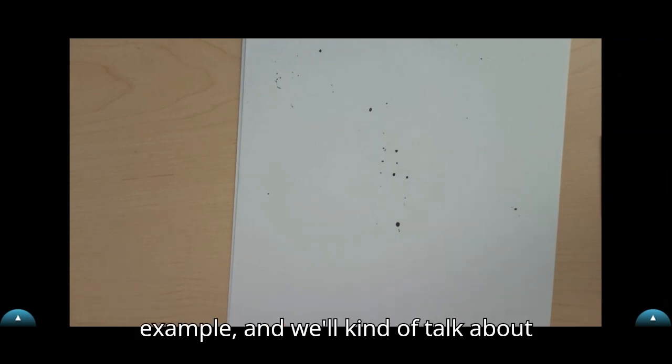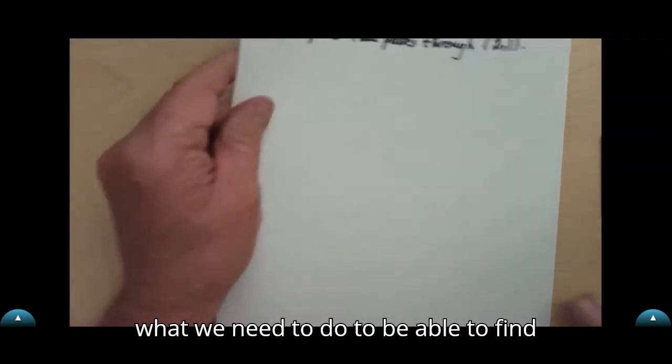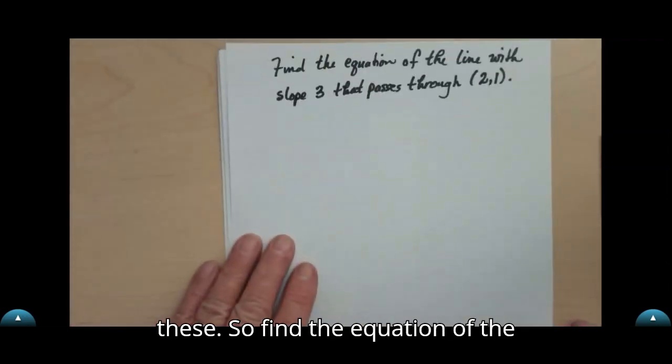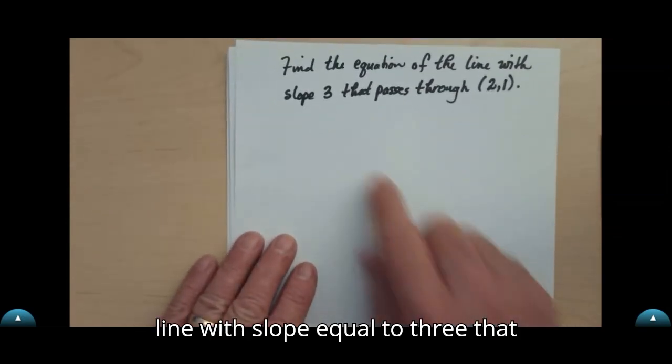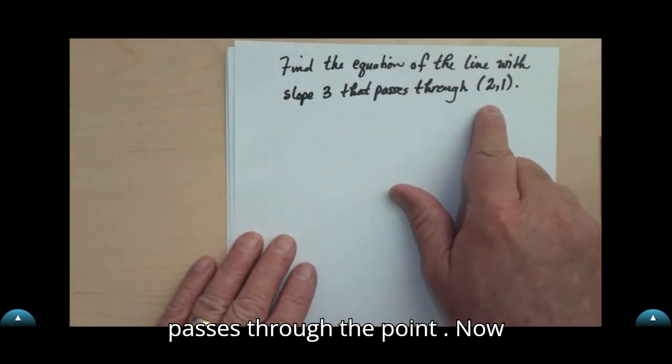So here's an example, and we'll talk about what we need to do to be able to find these. Find the equation of the line with slope equal to 3 that passes through the point (2, 1).